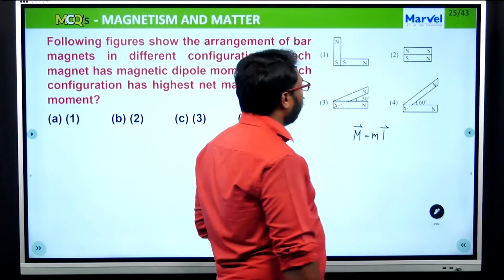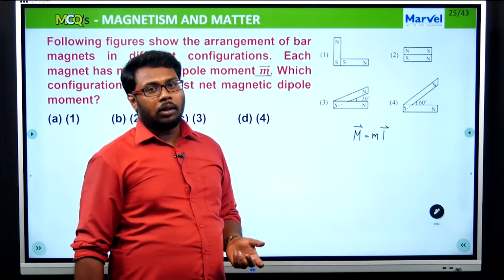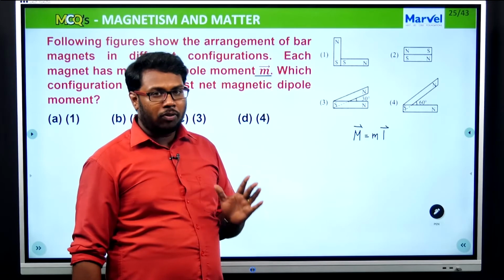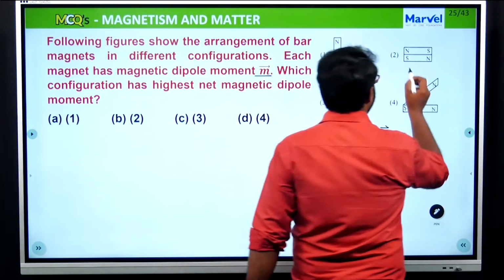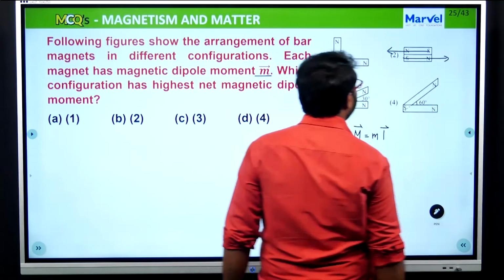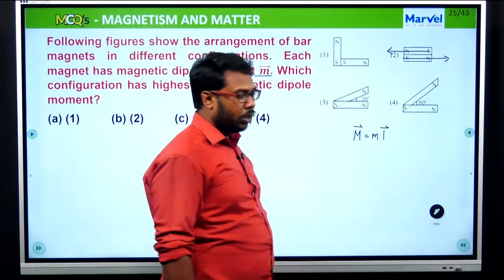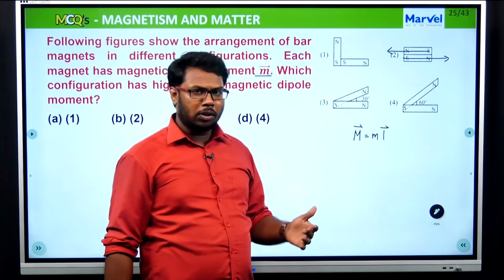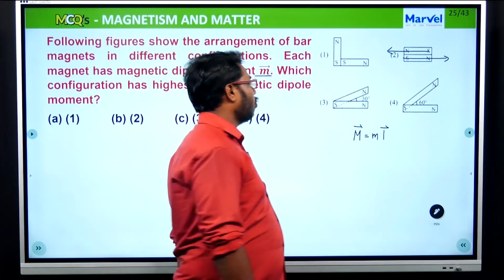If you are aware, the direction of the magnetic moment will always be from south to north. Magnetic moment will always point from south to north, just remember.